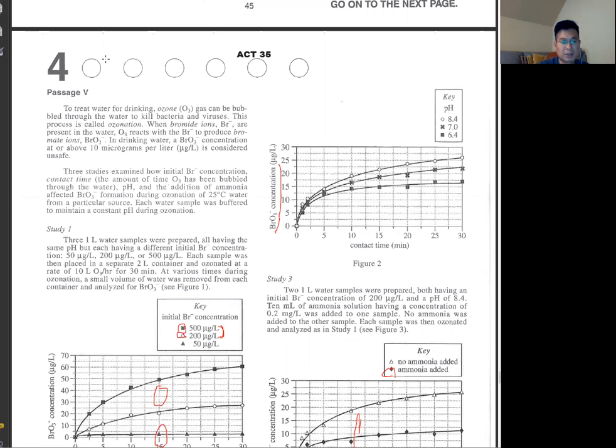Since we don't know much about it, we have to read through the beginning of the passage. Right here in the third line, it says when Br is present, O3 and Br produce bromate ion BrO3 in drinking water, and a high BrO3 concentration is unsafe. So if BrO3 is higher, then it's not safe.